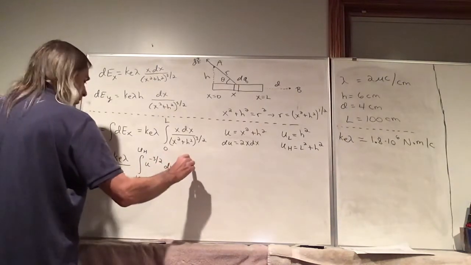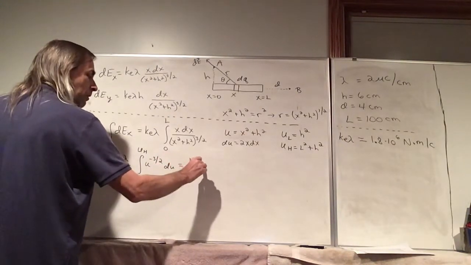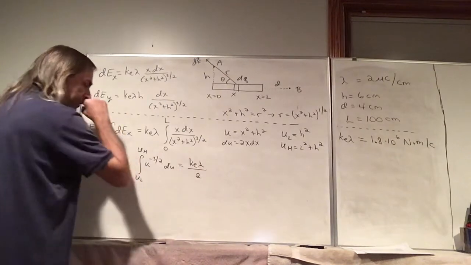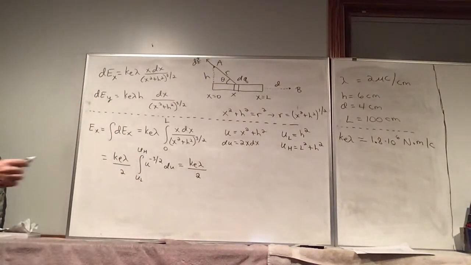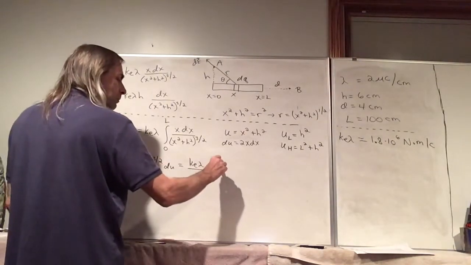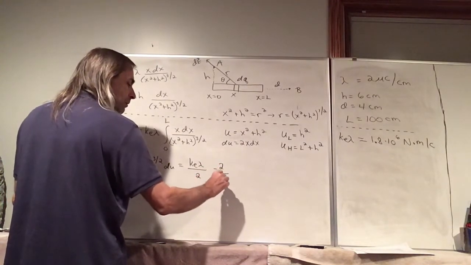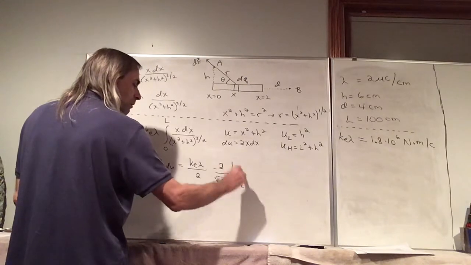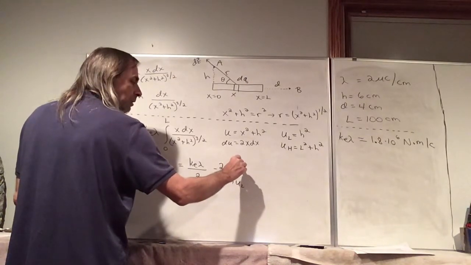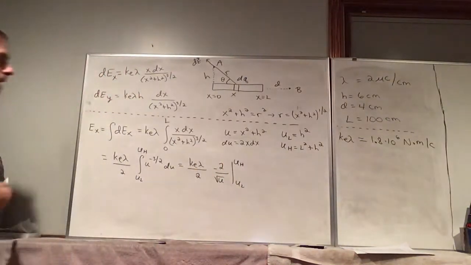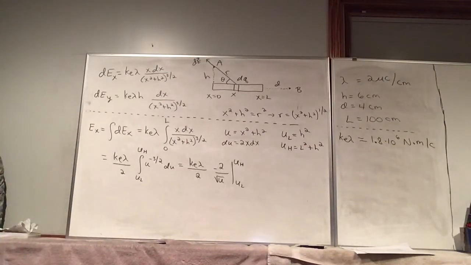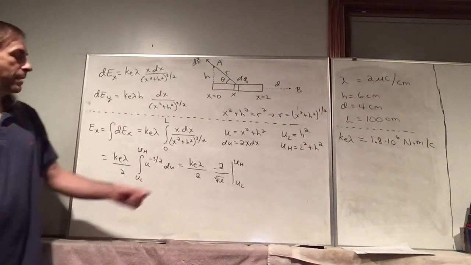So let's do this. We have ke lambda over 2, and then evaluated between the lower and higher values, whatever we call those.